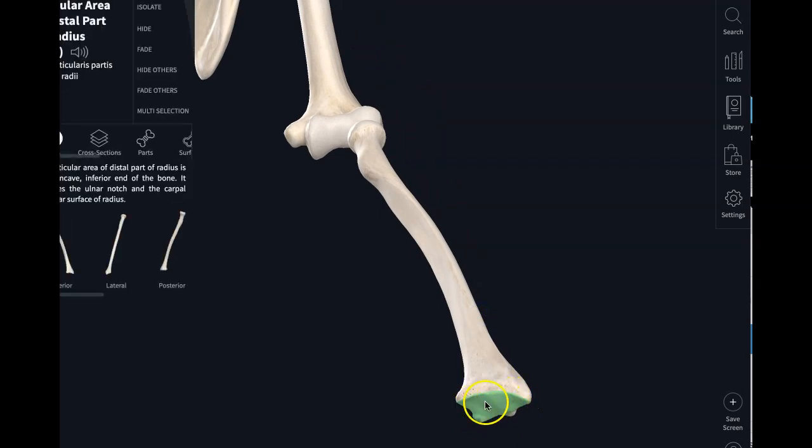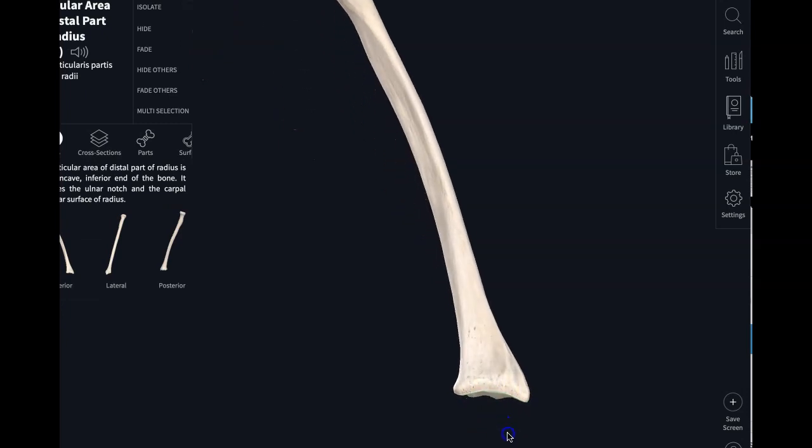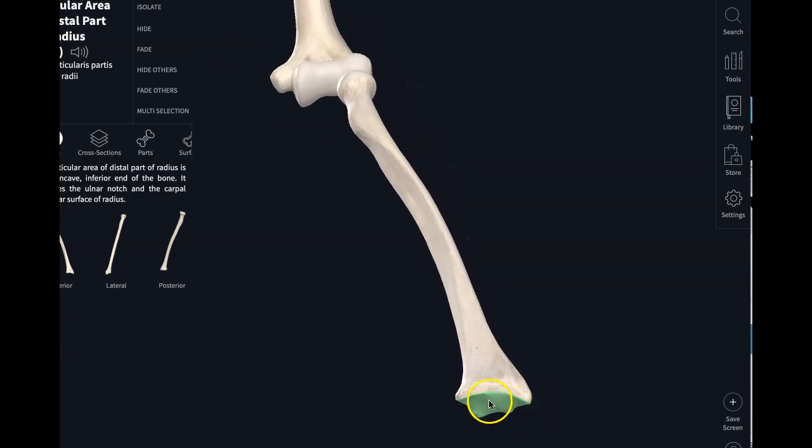There is lots of articular cartilage right here on the distal underbelly of the radius, because it is the radius that is going to be articulating with two of your carpal bones. We're going to do your carpal bones right now, but I want to let you know it is the distal end of the radius that is articulating with the carpal bones, two of them.